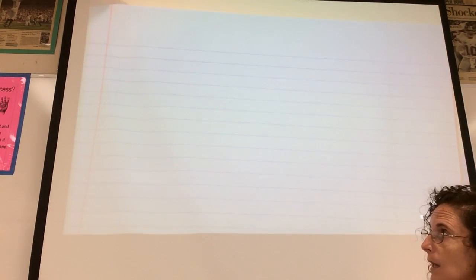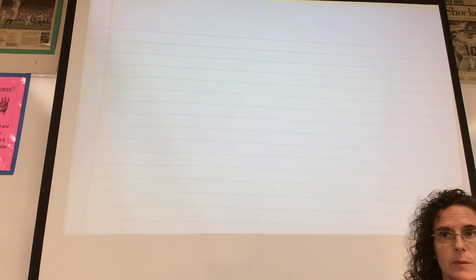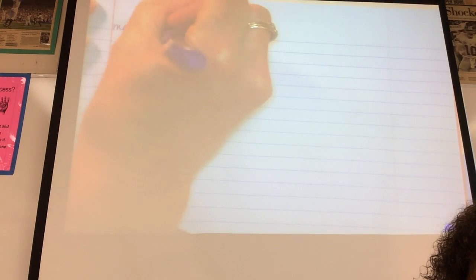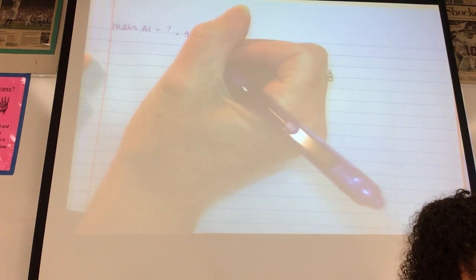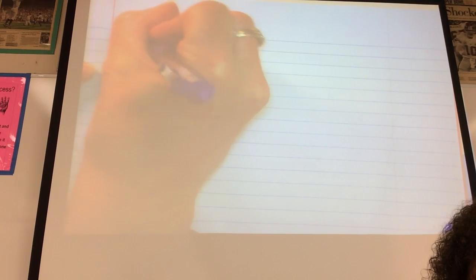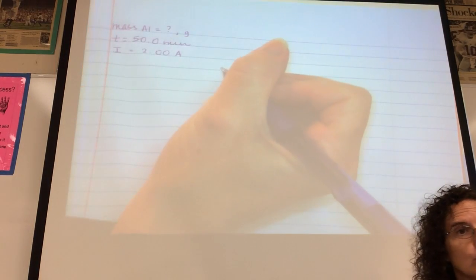Now this is something they have definitely asked in the past. What mass of aluminum, so we're looking for the mass of aluminum, will be deposited at the cathode. The time is 50 minutes. And the current is 2.00 amps, and that's I. Remember, Q is charge.